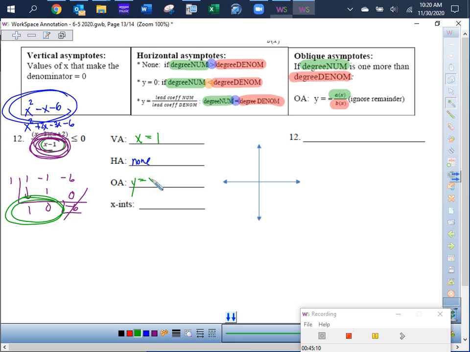And no constant, so please don't put plus 0. Isn't it just the line y equals x, which is oblique? I'm going to go put it. It's got a slope of 1 and a y-intercept of 0, so dashed. It's got an oblique asymptote. We'll call it OA. Y equals x. And it's got a vertical asymptote of x equals 1.